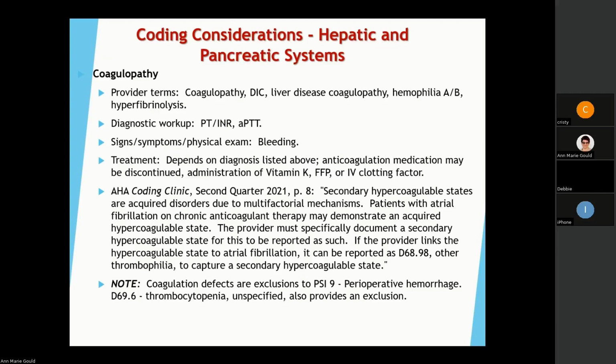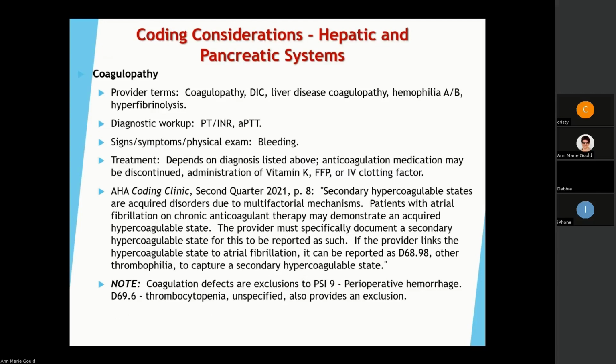And then just a note, coagulation defects are exclusions to PSI 9, perioperative hemorrhage. And D69.6, thrombocytopenia unspecified, also provides an exclusion. As we all know, and Lorna, you're going to be learning this too, PSIs are your patient safety indicators. There's a list of PSIs, and one of them is your peri-op hemorrhage.